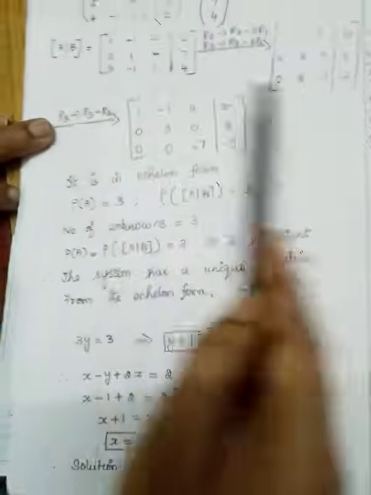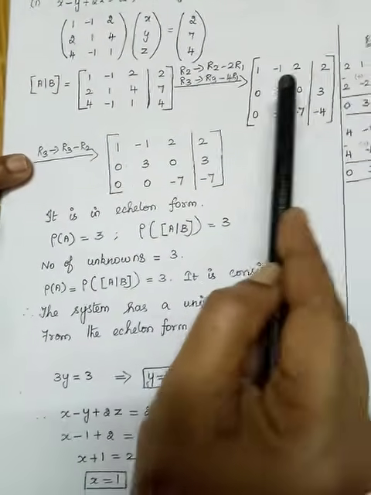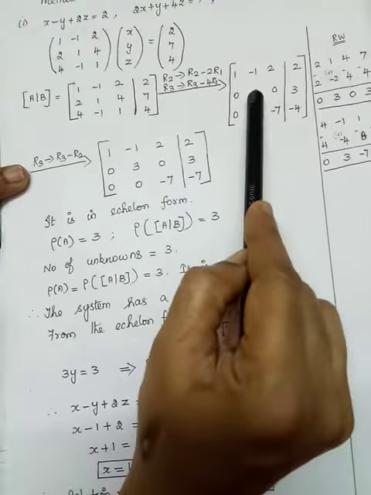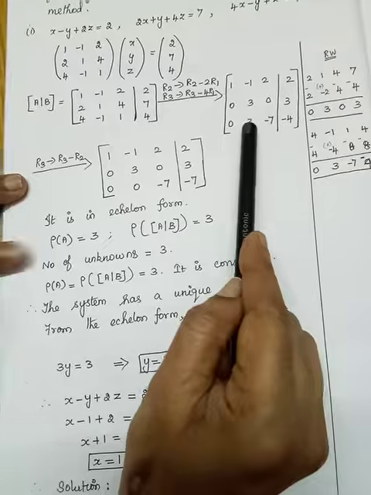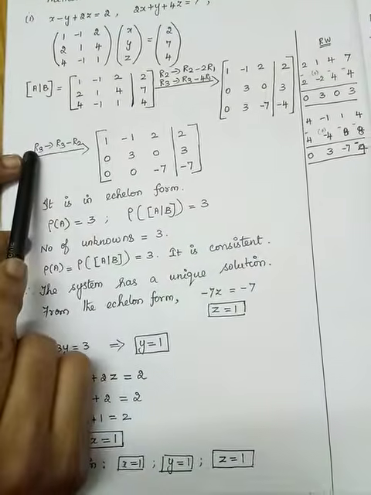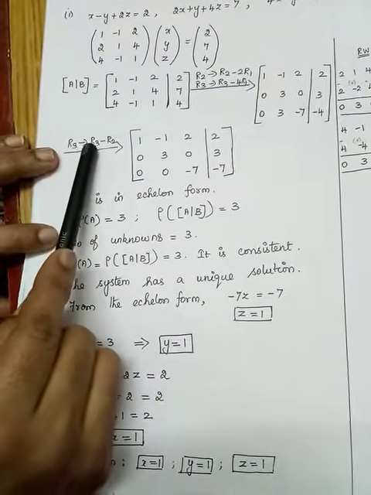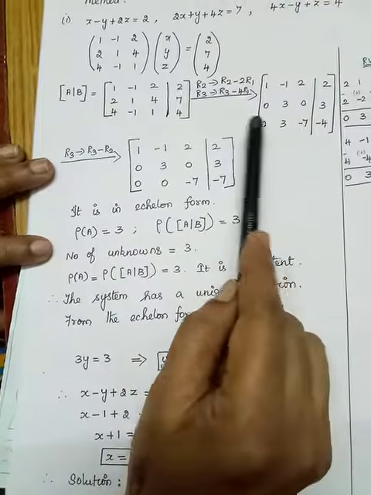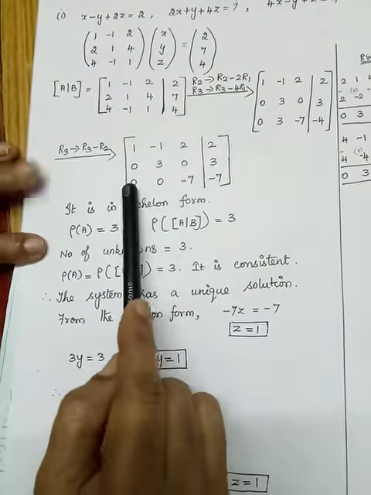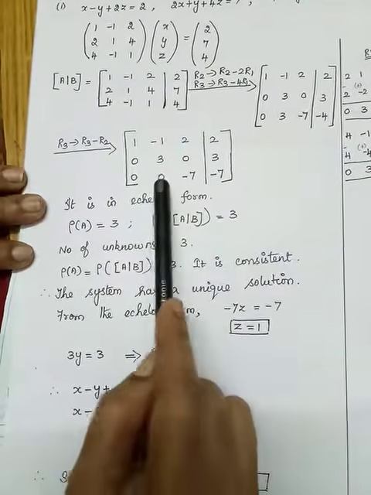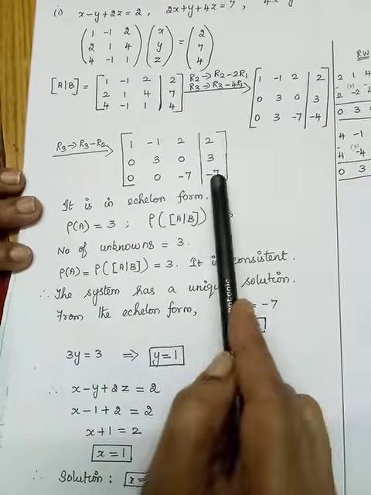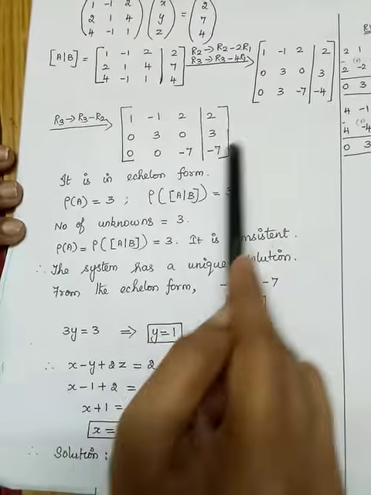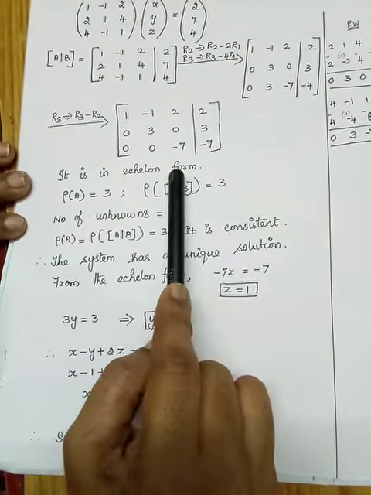Here in R3 you have 3, and in R2 also it is 3. So when you subtract, it automatically becomes 0. The transformation is R3 implies R3 minus R2. So 0 minus 0 is 0, 3 minus 3 is 0, minus 7 minus 0 is minus 7, minus 4 minus 3 is minus 7. Now it is in echelon form.